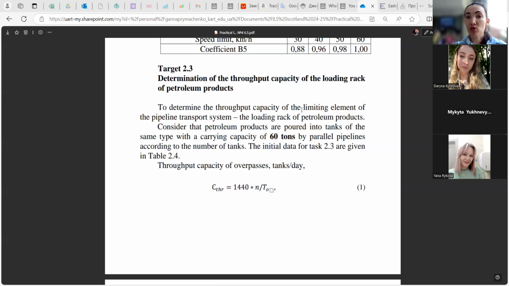It is important information for us because we use it in our formula, 60 tons, during our capacity rack. One minute, please. Yes, so we use this in the next formulas. The initial data for task 2.3 are given in table 2.4, our next table that we can use today.